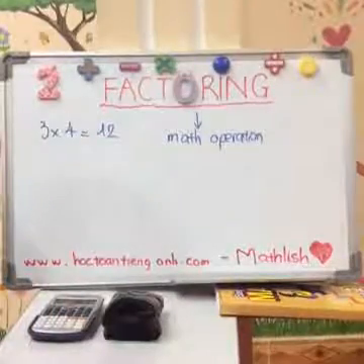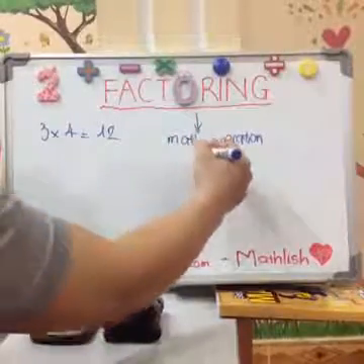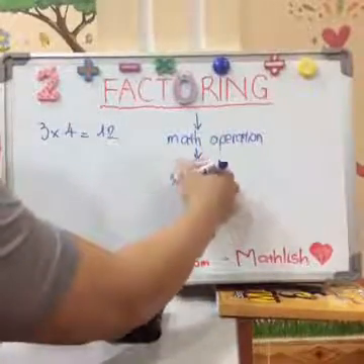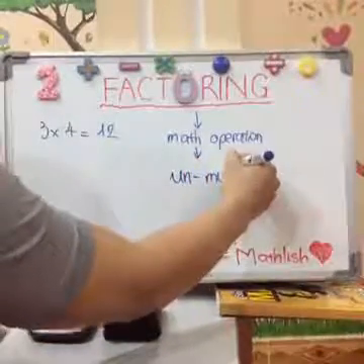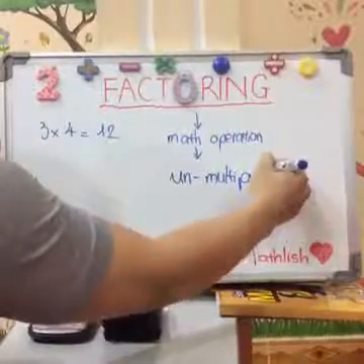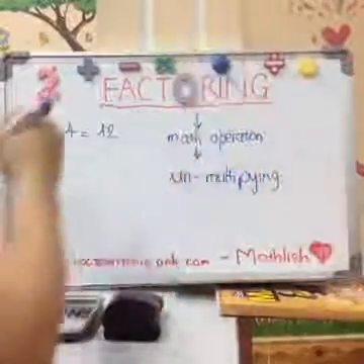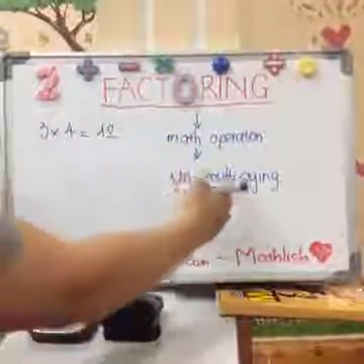So, you can think of factoring as unmultiplying.